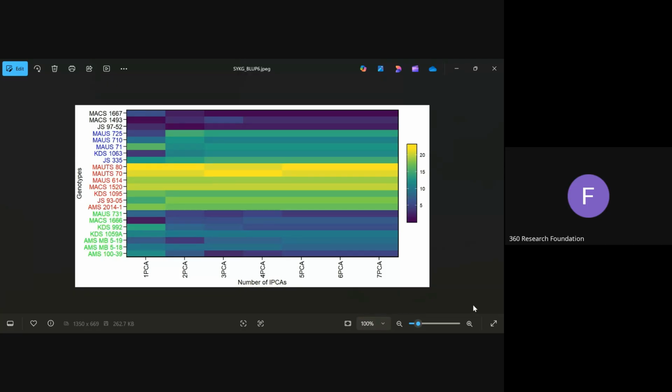On the right side, here you can see the WAAS score and their different colors. Based on these colors, here you can see groups are there. The genotypes are showing the same pattern.